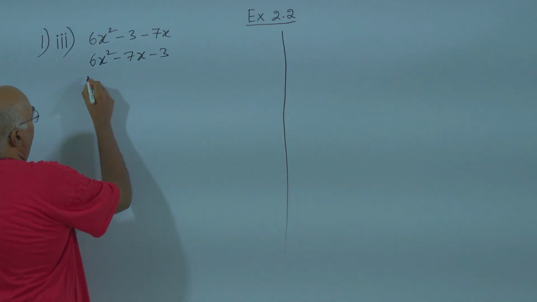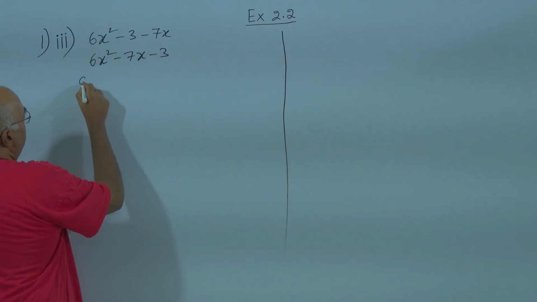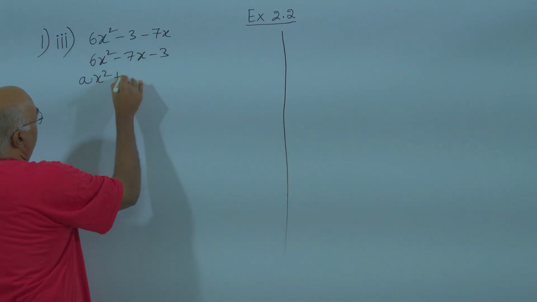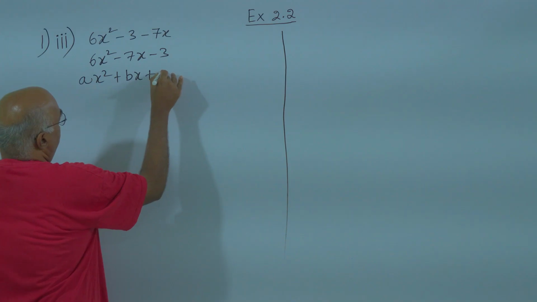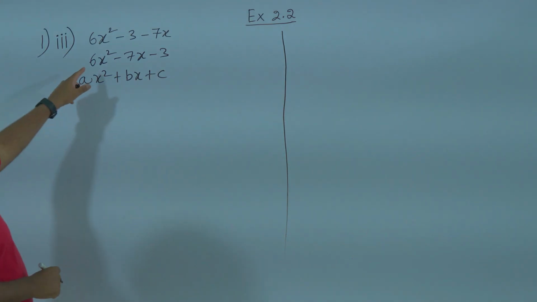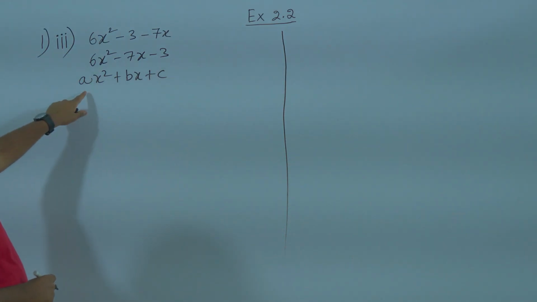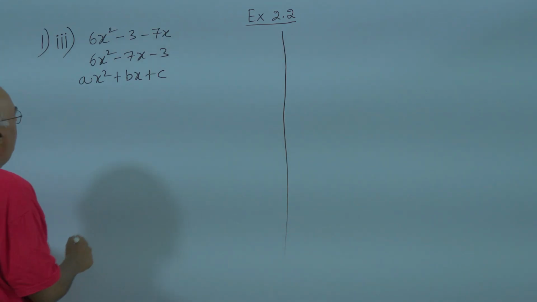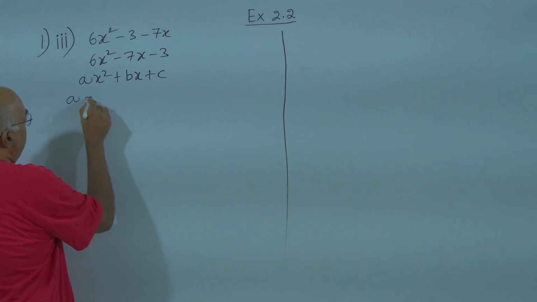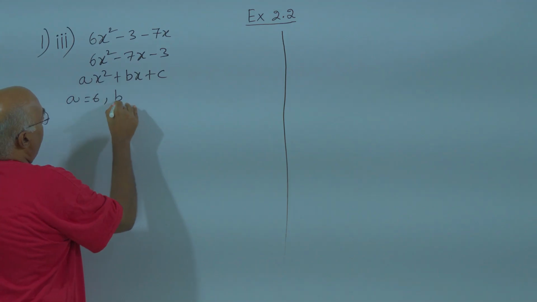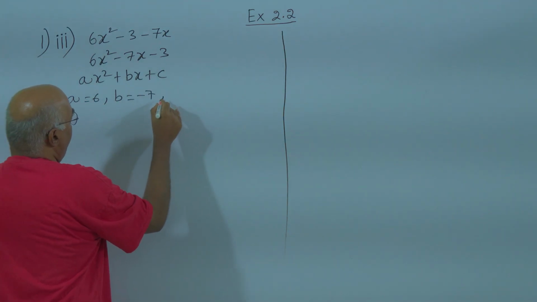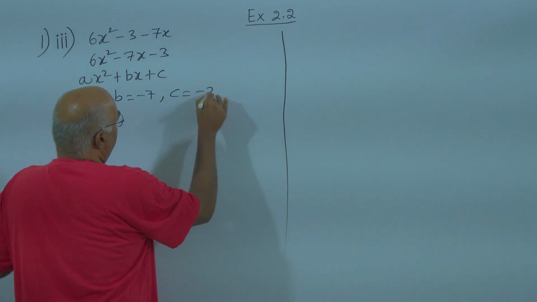We know that the standard form is ax square plus bx plus c. So comparing, I get the value of a is equal to 6, the value of b will be equal to minus 7 and the value of c will be equal to minus 3.